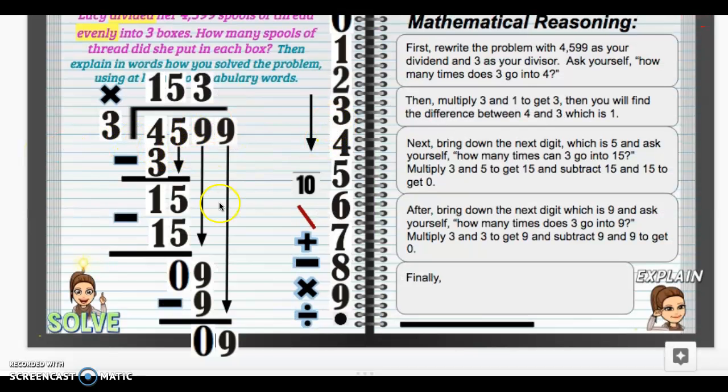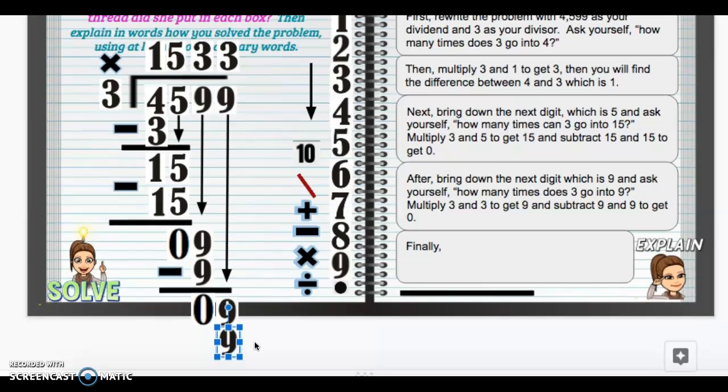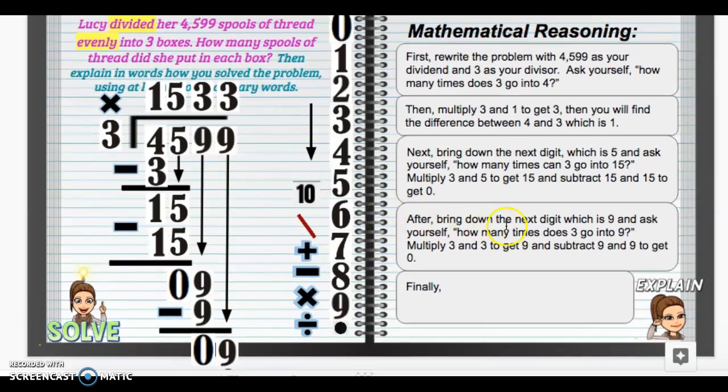So then you would subtract 9 minus 9, and you will get 0. So now we have to write what we did.